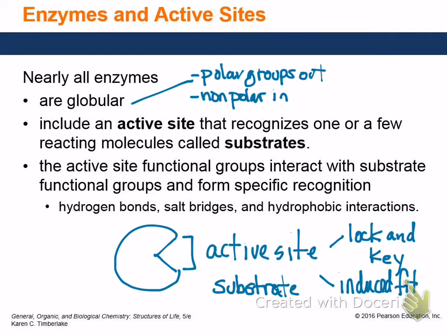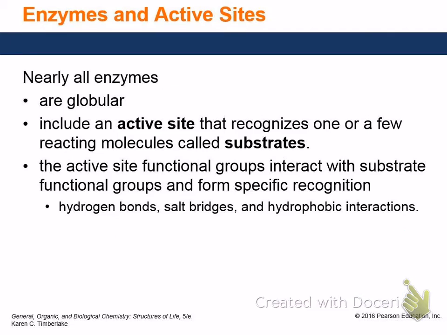The kinds of interactions that either the active site or the induced fit use are hydrogen bonds, salt bridges, hydrophobic, and hydrophilic interactions. You can get all that by looking at the substrate and then looking at where it binds. But like I said, if the substrate has an OH on it, usually the enzyme's active site will have something like a hydrogen bonding group in there to help hold on to it.